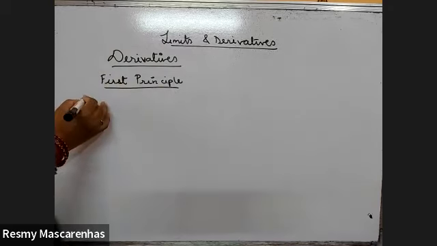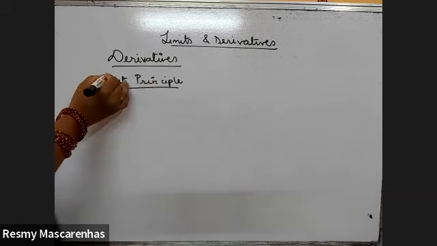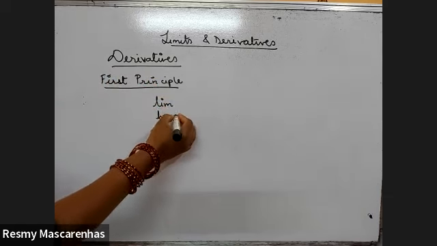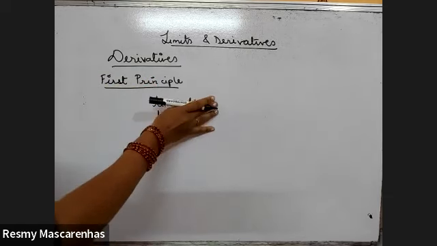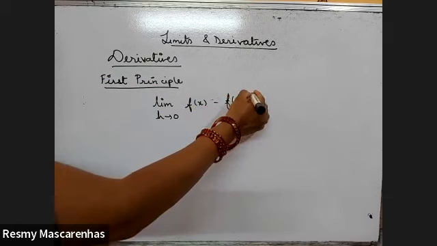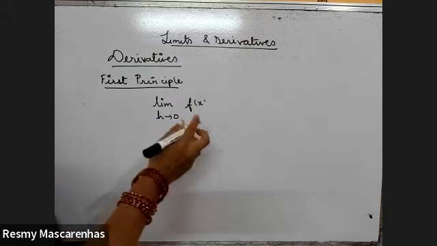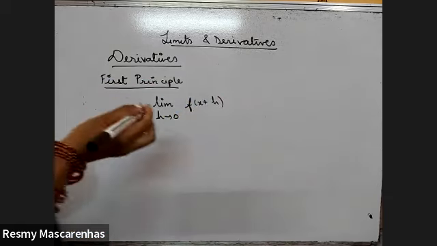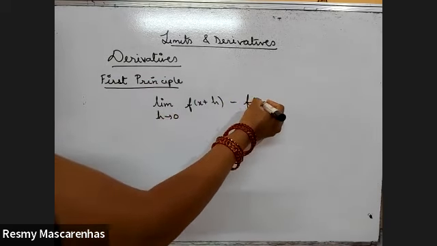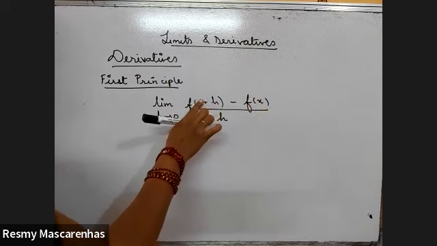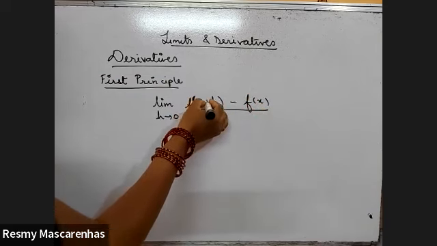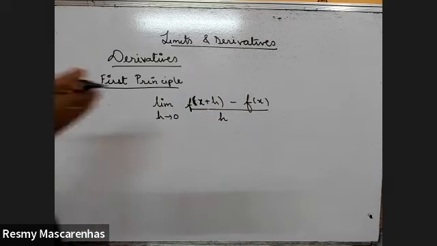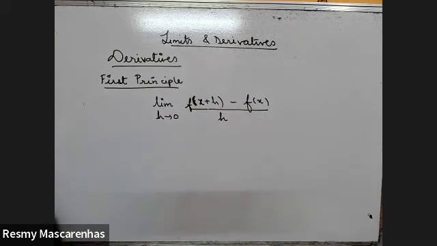The question will come like this, but before that, I'll give you the formula. Whenever you come across the words "find a derivative using first principle," you have to always use this formula: limit h tending to 0, f of x plus h minus f of x upon h.